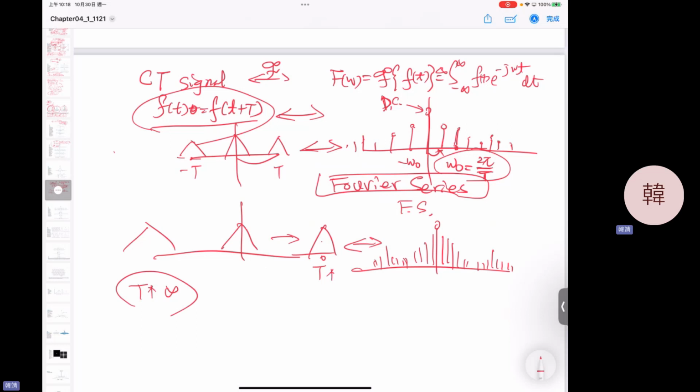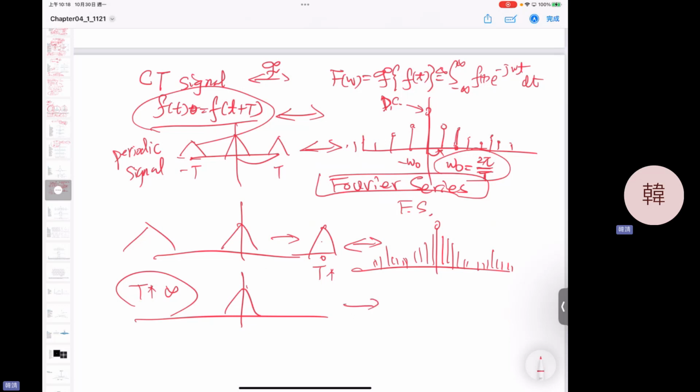Our periodic signal becomes non-periodic, only one pattern of your signal.